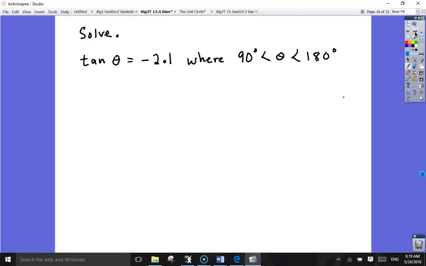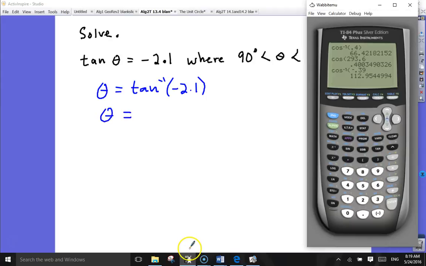Okay, and then a tangent. So take the tan inverse of negative 2.1, calculator, negative 64.5 degrees.